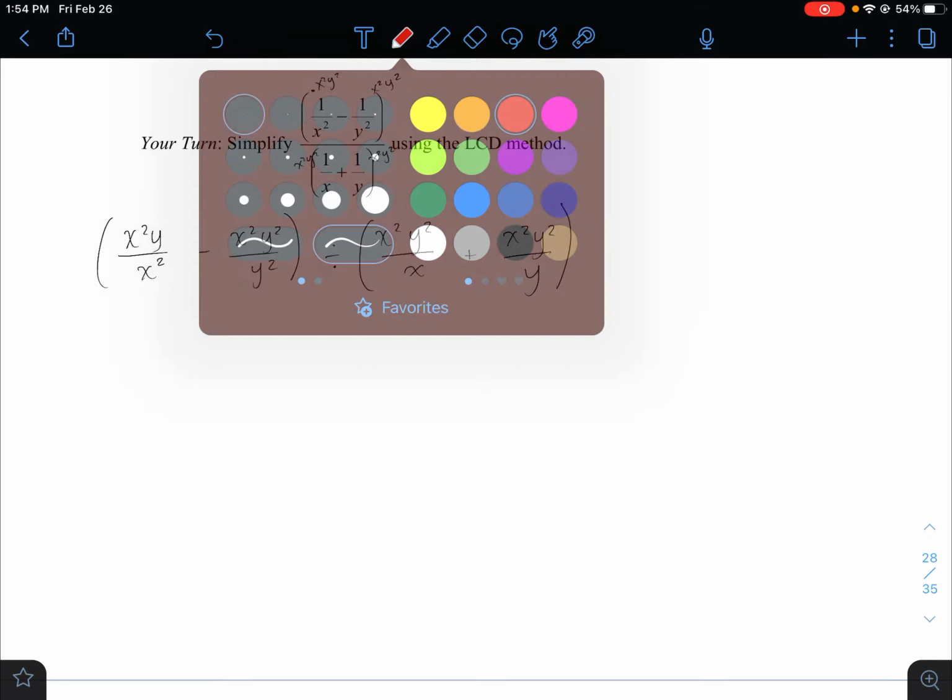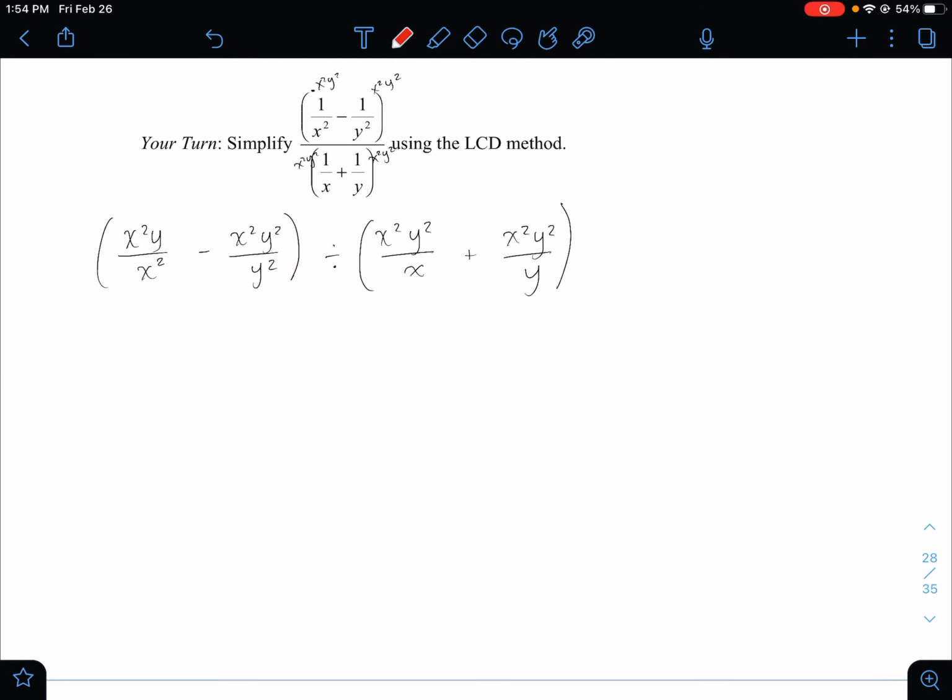So now I can go through and start canceling some things. These two x squareds are gone. Those y squareds are gone. So in this first part, we are just left with y squared minus x squared.